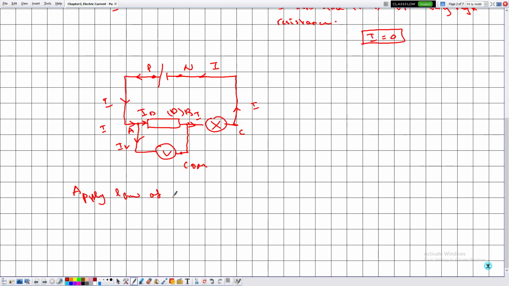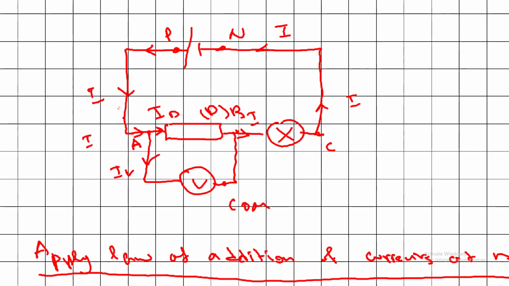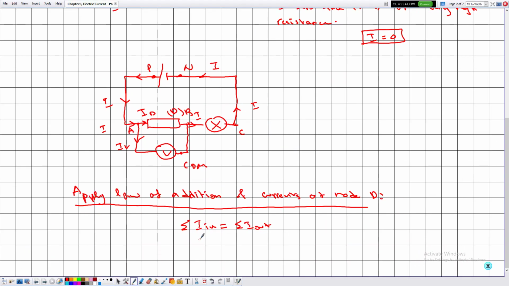So apply the law of addition of currents at the node A, so we say that summation of I in is equal to summation of I out. Then on the left hand side of this equation, we'll write the currents that are entering the node, which is given by I, and on the right hand side we'll write the currents that are leaving the node, given by ID and IV.